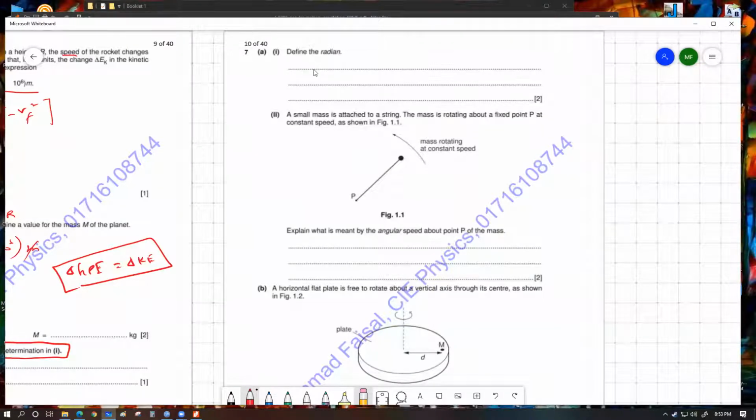If you are ever to define the radian, if you forget the actual word definition, you can always go ahead and write the equation that theta equals S over R, and then from there you can write 1 radian is the ratio of the arc length made by unit radius. So the ratio of the arc length to the radius is 1 radian.